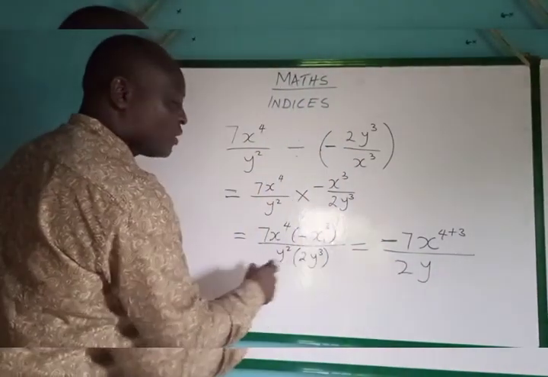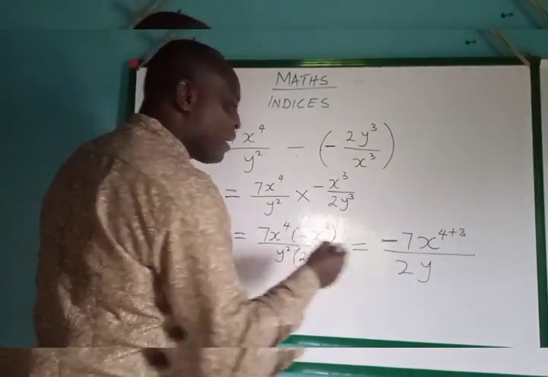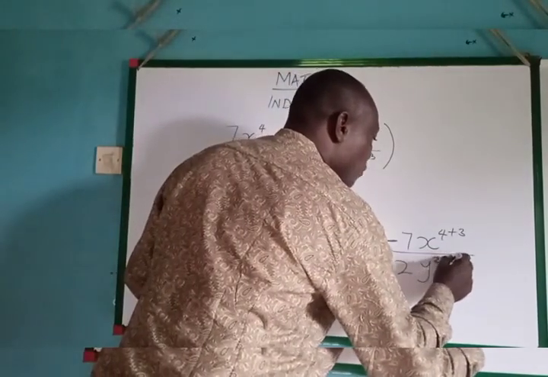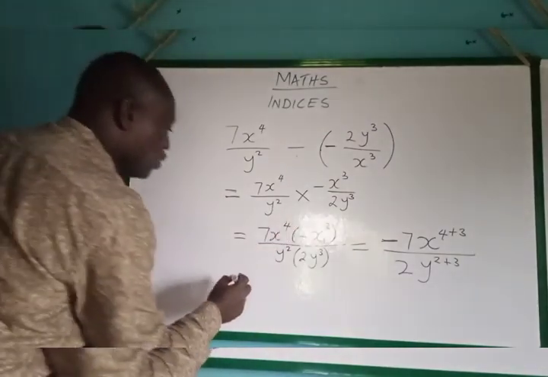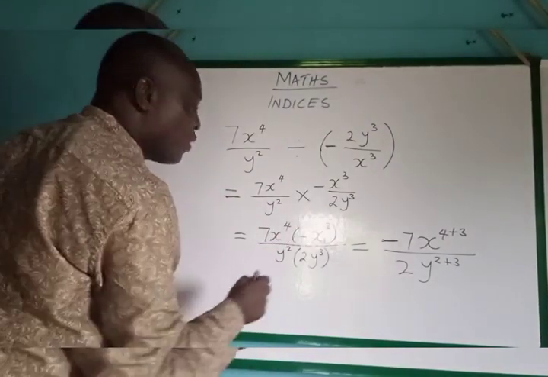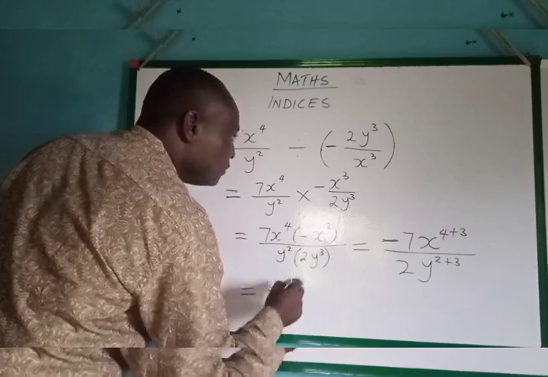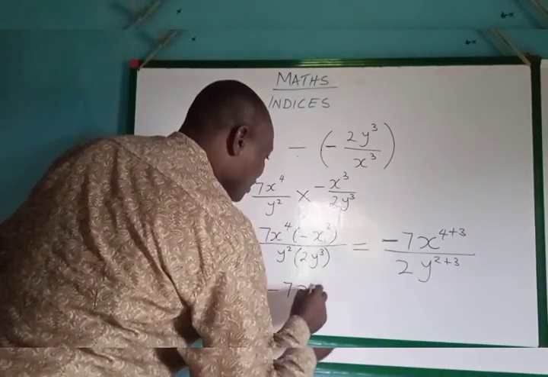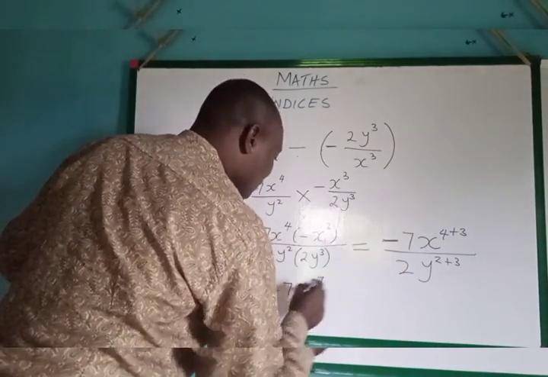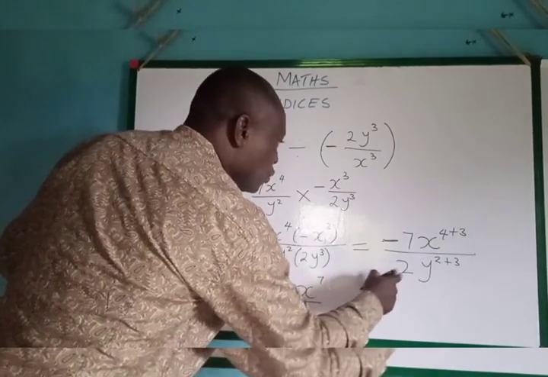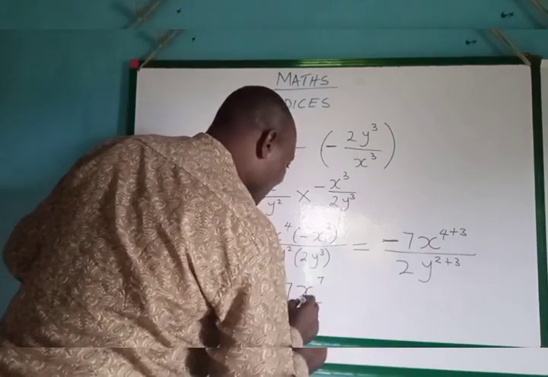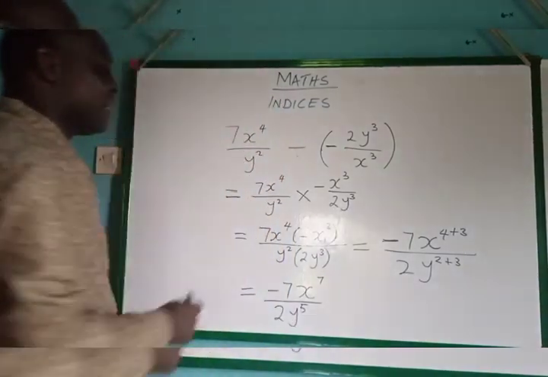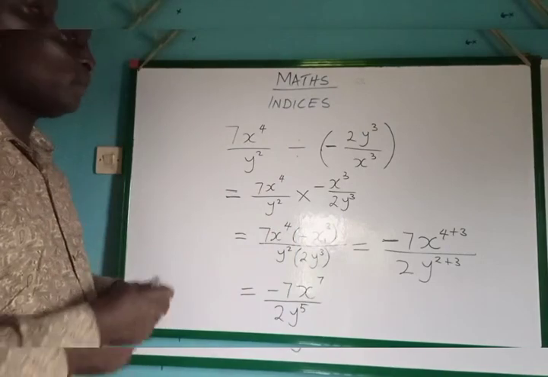Because it is products, they are multiplying, we add the powers, 2 plus 3. So that is the expression that we have from this. So our final answer would now be minus 7x raised to the power 4 plus 3, 7, all over 2y raised to the power 2 plus 3, 5. So that is the final answer to this expression.